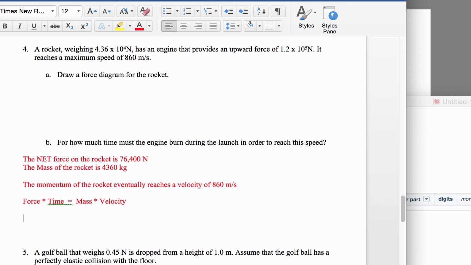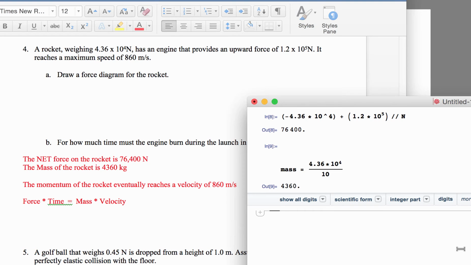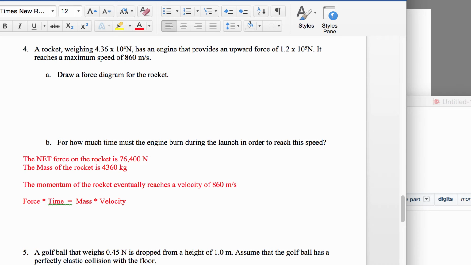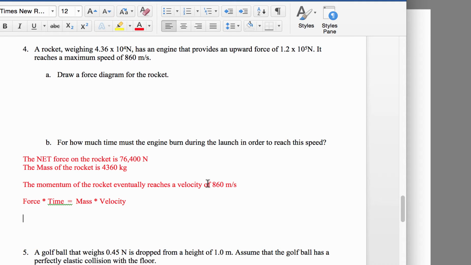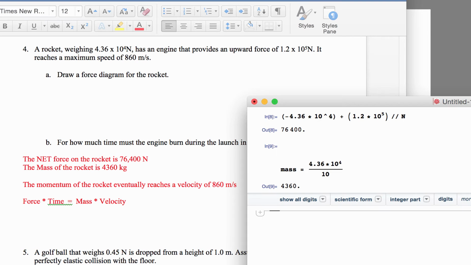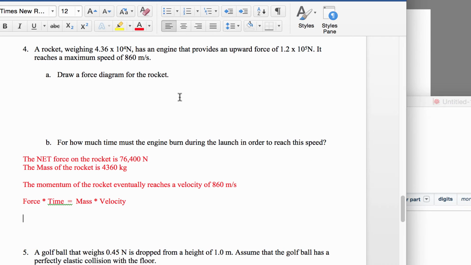Do I know my force? Yeah, that was my net force from the previous problem. Where did I draw that? Right there. Did I write that down? I didn't. That was really silly of me. 76,400. Oh yeah, I do have that.